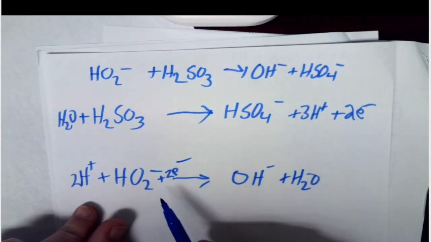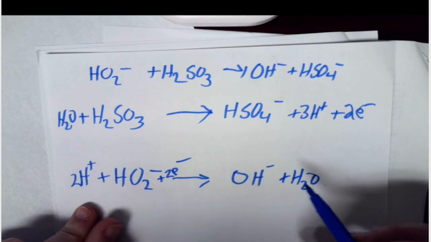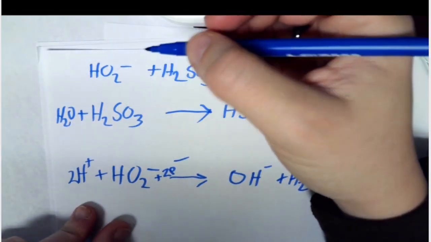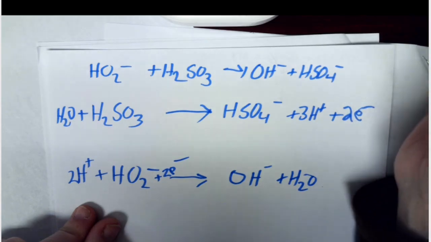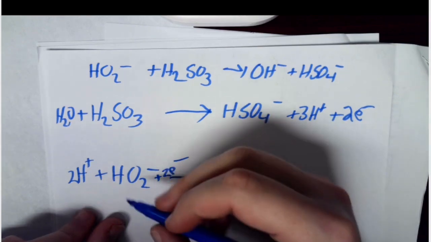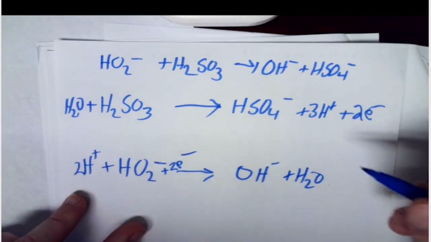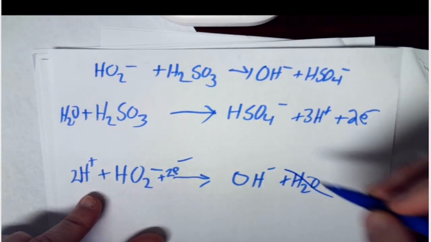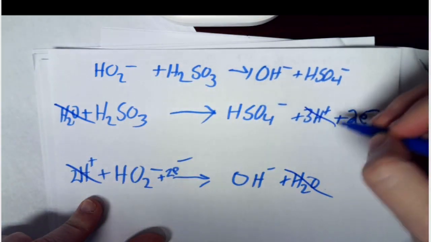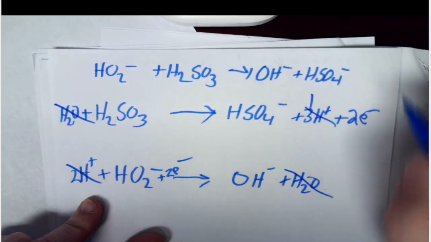Let's go ahead and make this basic. Let's make both of them basic. We could try combining them. No, we'll combine them now, like they are. So we have water cancels water. 2 protons cancels 1 proton.